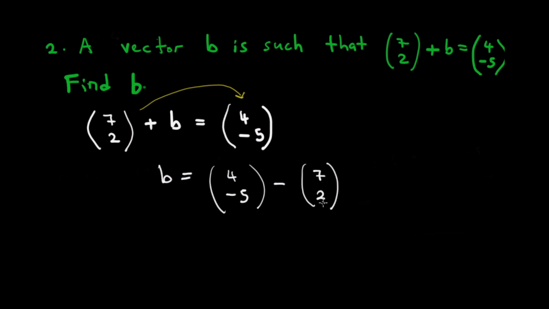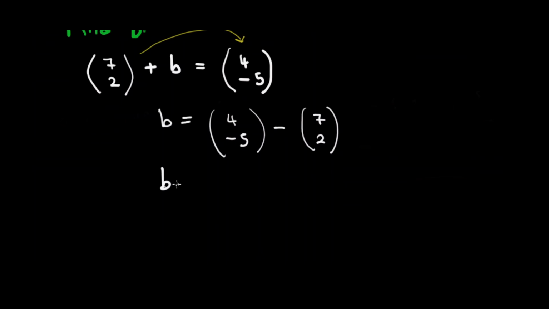In as much as tisina kudzidza about the difference of vectors, but mufanirwa kuziva kuti when we are subtracting vectors tichashandisa zvakare matrix subtraction inoshandisa zvakare the principle of correspondence. Saka zvatichaita ndeizvi, tichati isusu b is equal to 4 minus 7, then panapa pazasi teta kuti minus 5 minus 2.